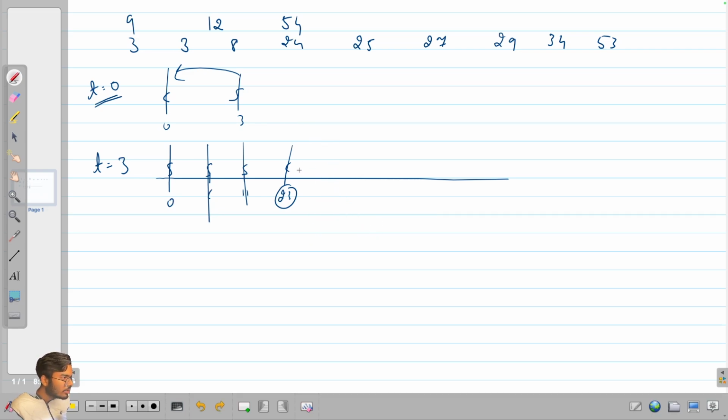So the scarecrow will actually stay at this position 23 and wait for the crow to come at position 3. And when the crow teleports here, he will see that there is already a scarecrow, and he will move 12 units to the right. So since he is going 12 units to the right, we will have 23 plus 12, which is 35. Okay, so let's say the crow is at position 35.